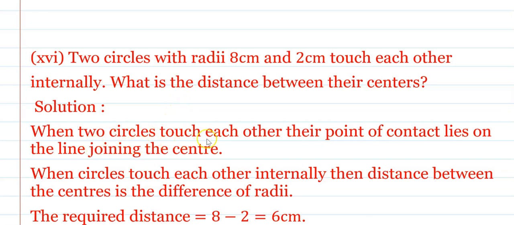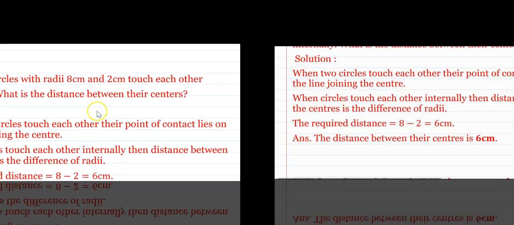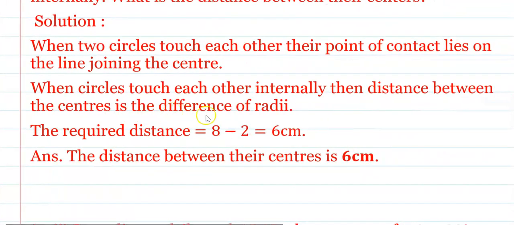When the two circles touch each other, their point of contact lies on the line joining the centers. Okay. Therefore, the required distance is 8 minus 2, that is equal to 6 centimeter. Therefore, the distance between their centers is 6 centimeter.